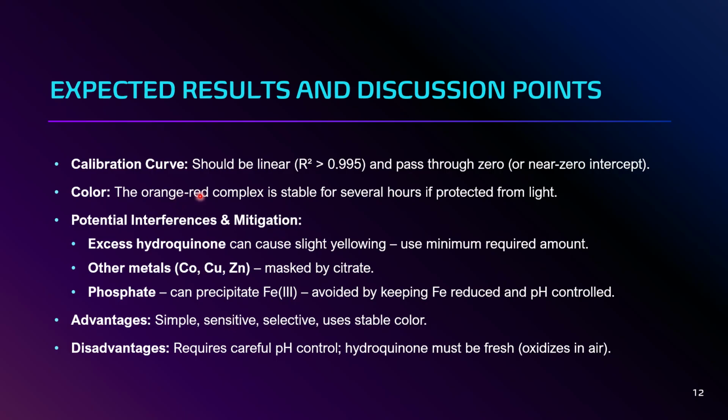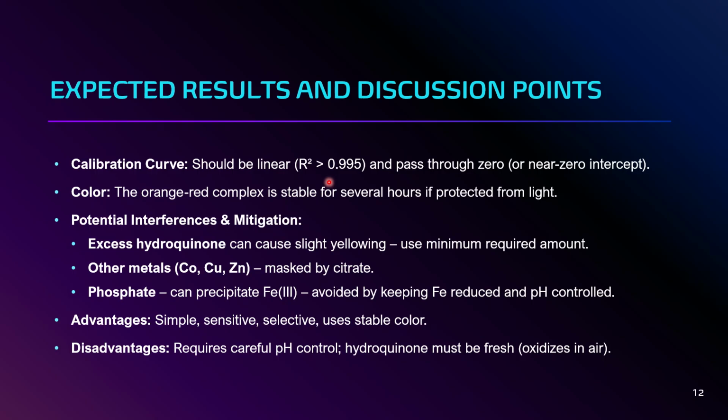When you perform this experiment, these are the expected results. The calibration curve should have a regression coefficient of greater than 0.995, which is desirable. You will study in your upcoming lectures in analytical chemistry how this regression coefficient is calculated. For the sake of simplicity, if all the data points fit on a straight line, then the R square is closer to 1.